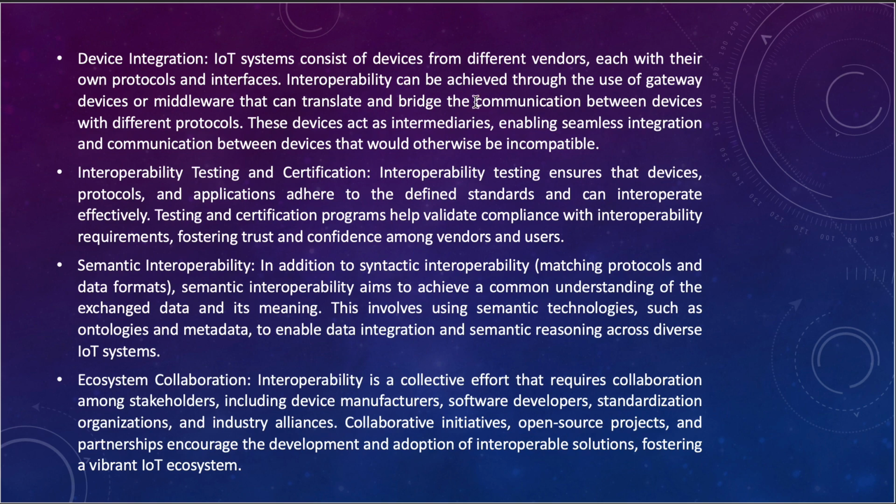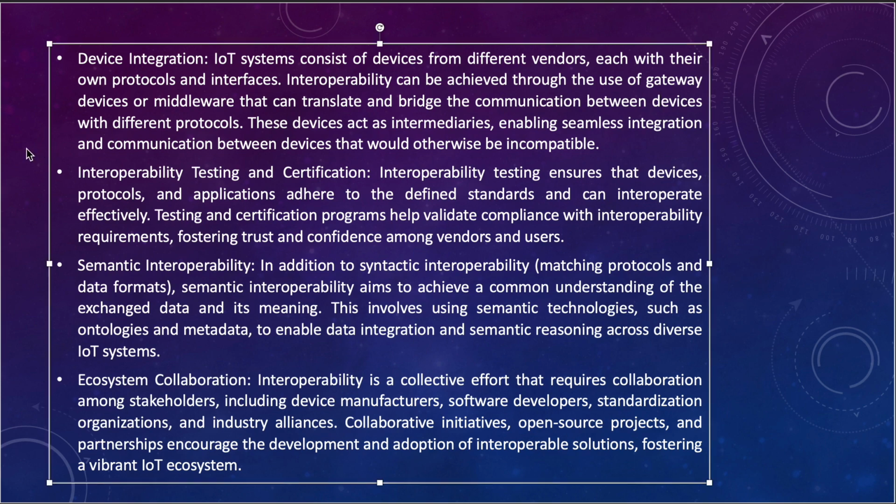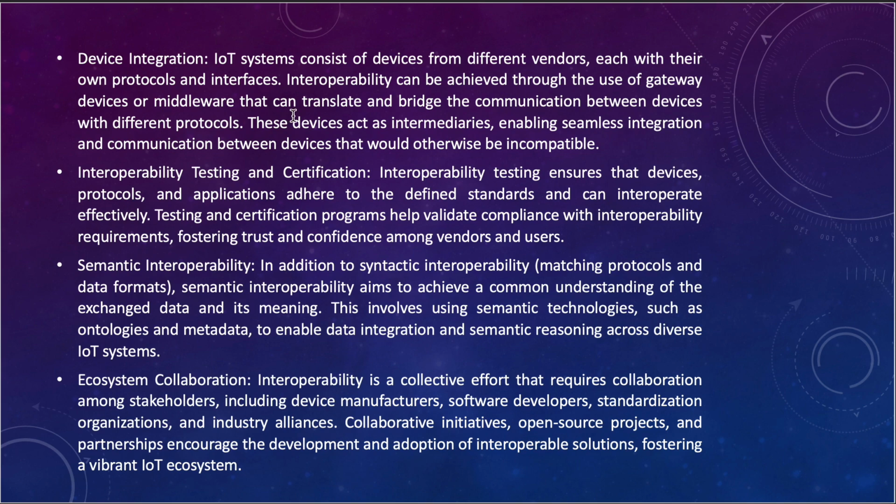Interoperability can be achieved through the use of gateway devices or middleware that can translate and bridge the communication between devices with different protocols. These devices act as intermediaries, enabling seamless integration and communication between devices that would be otherwise incompatible.